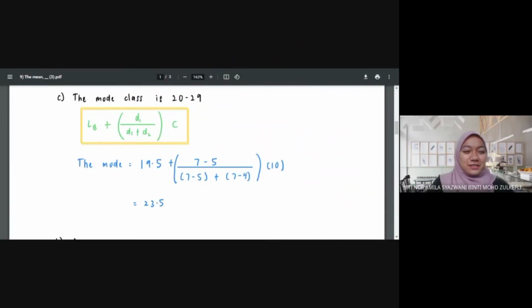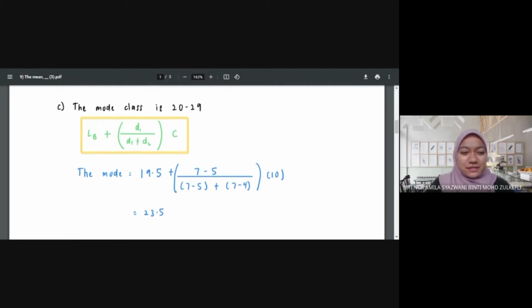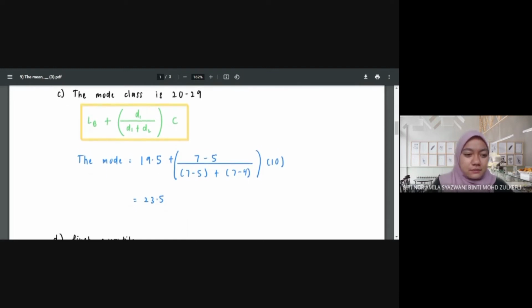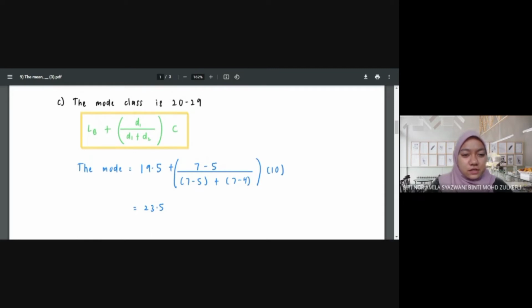Find the mode. The modal class is 20 to 29 because it has the highest frequency, which is 7. Mode is equal to the lower boundary of the class containing the mode plus the difference between the frequency of the modal class and the frequency of the previous class, over the difference between the frequency of the modal class and the frequency of the previous class plus the difference between the frequency of the modal class and the frequency of the class after the modal class, multiplied by the class width.